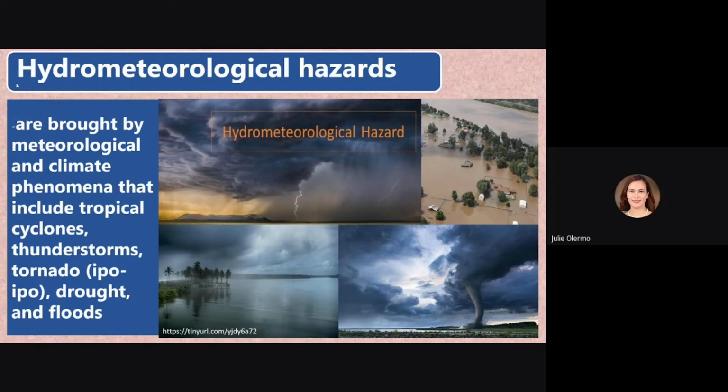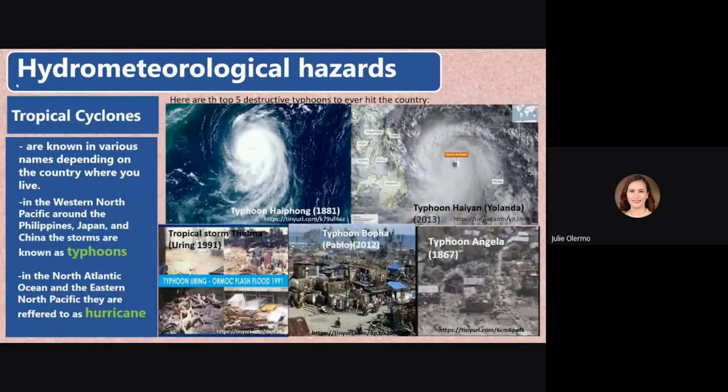So examples like tropical cyclones, thunderstorms, tornado, or known as ipo-ipo, drought, and floods are shown in the slides. Tropical cyclones or bagyo are common in the Philippines because it is located along the Pacific's typhoon belt based on its geographical location.